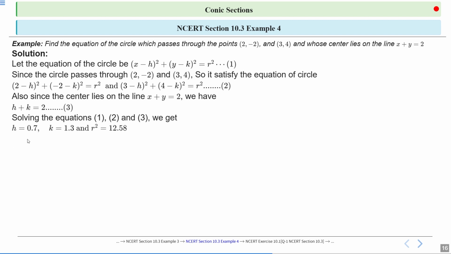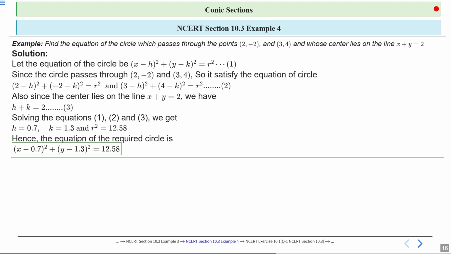After solving 1, 2 and 3, we get h is 0.7 and k is 1.3 and r square is 12.58. You can easily solve equations 1, 2 and 3 and obtain the values of h, k and r square.